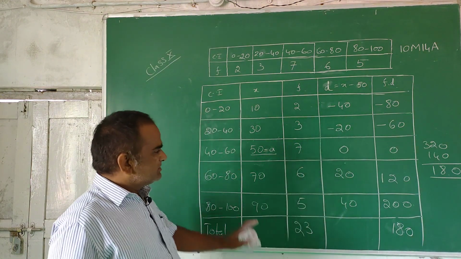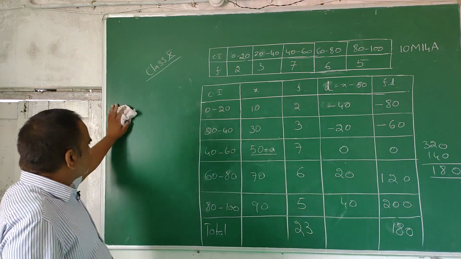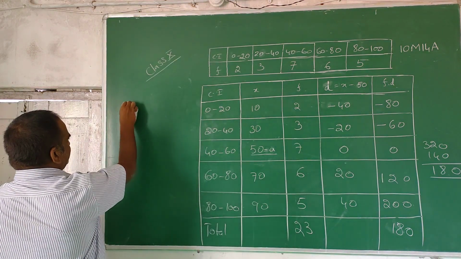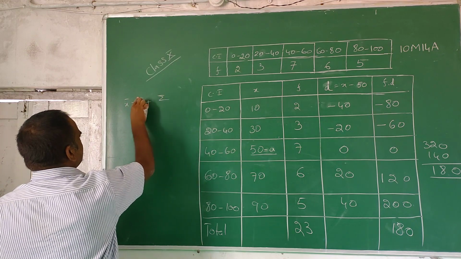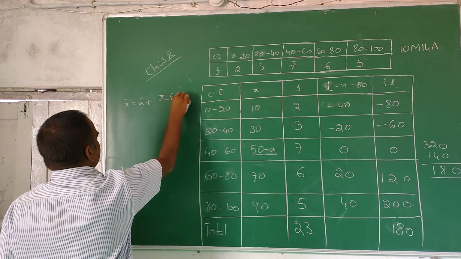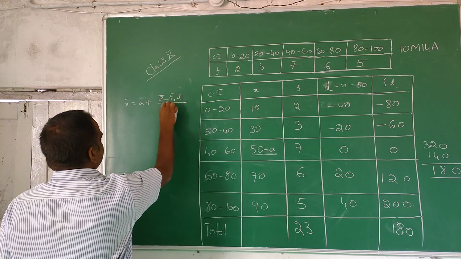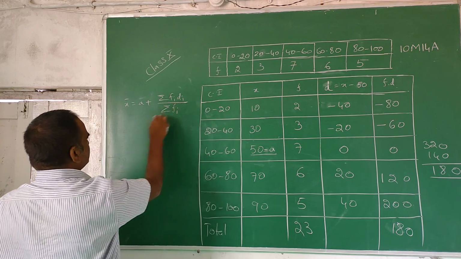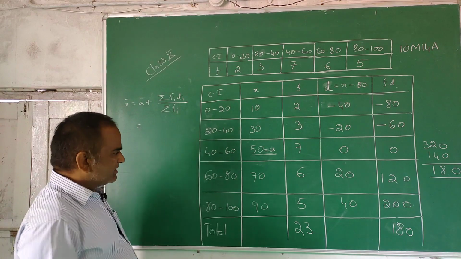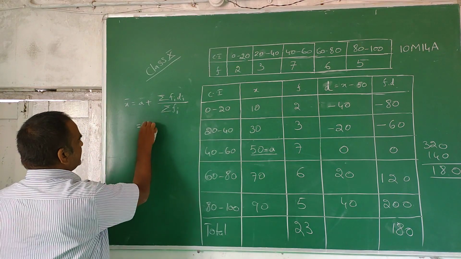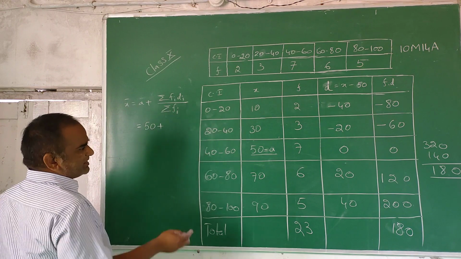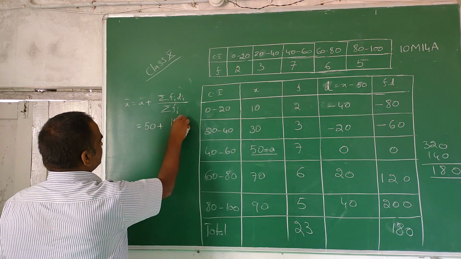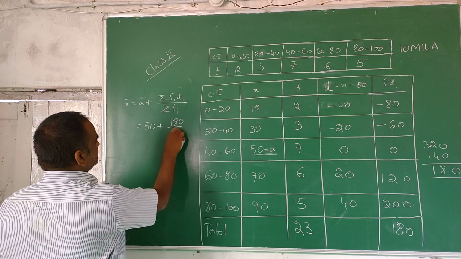Okay, so now see here, arithmetic mean is equal to A plus summation Fi di by summation Fi, which is 50 plus the total sum, how much did you get? 180, divided by 23.